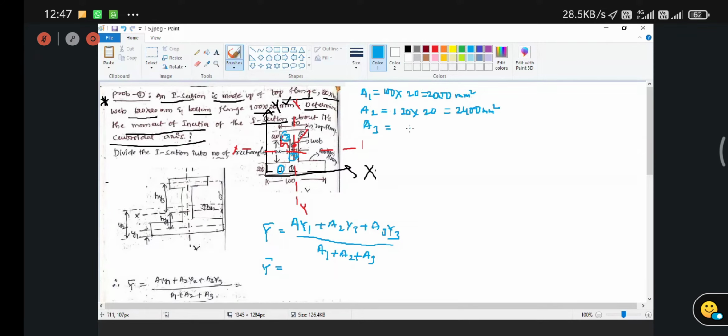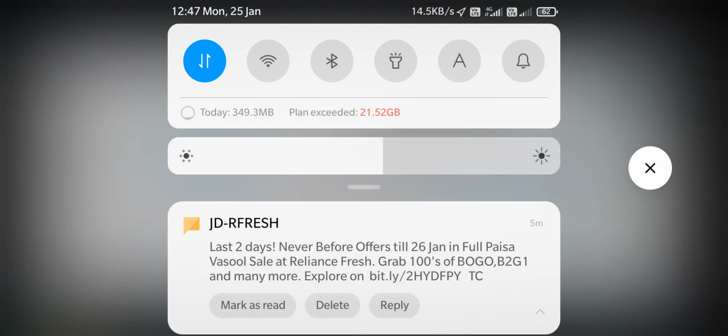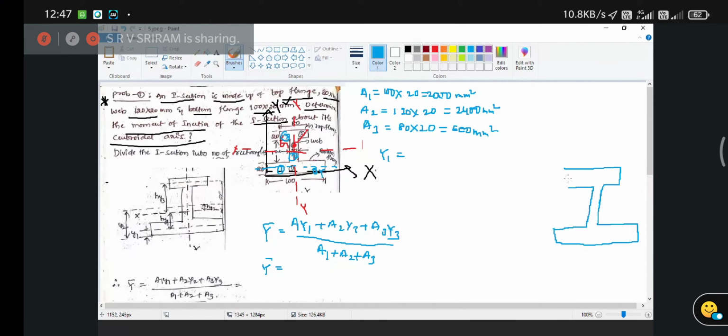But what about the y1? y1 is the distance. For the first section, we are going to draw the individual central axis. So this is your y1. Or otherwise, I will draw the figure larger.